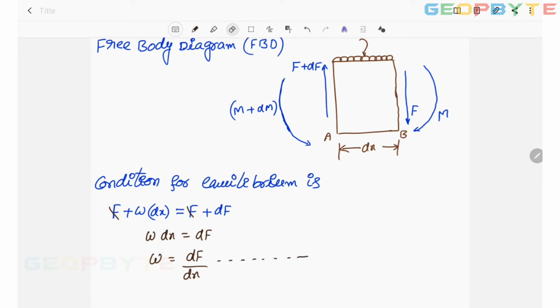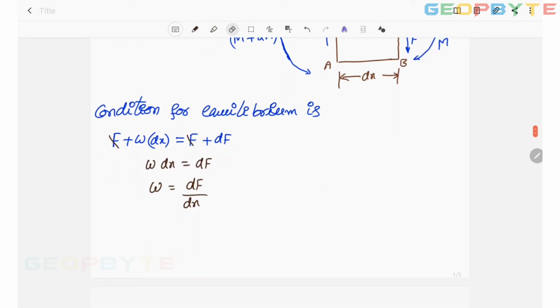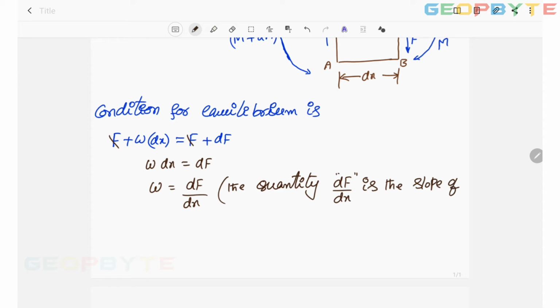Otherwise, let me write separately. The quantity dF by dx is the slope of the shear force.